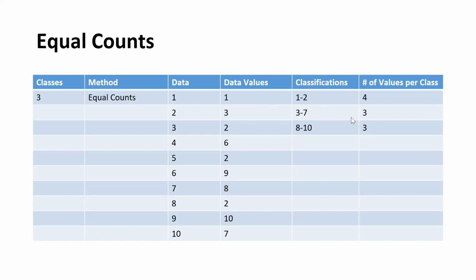Now when we do that, the ranges will be 1 to 2, 3 to 7, and 8 to 10. That's what happens when we accommodate equal counts. But look here, the gaps between these are not the same. For 1 to 2 the difference is just 1.